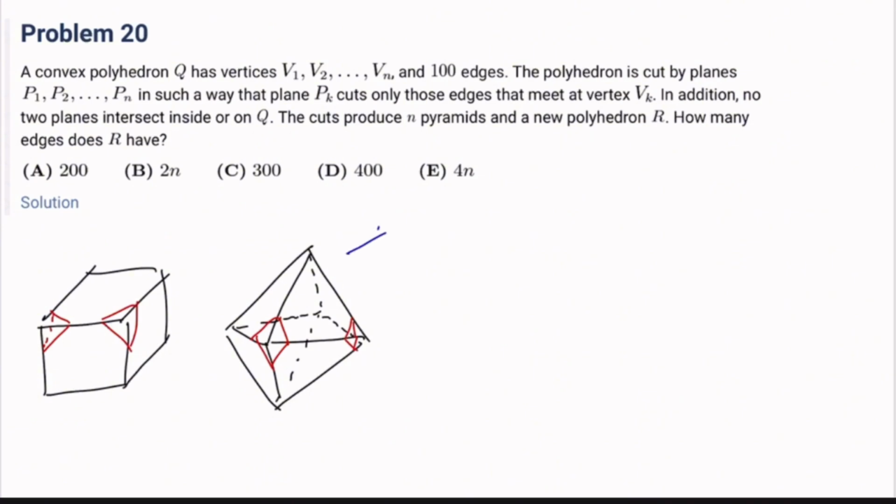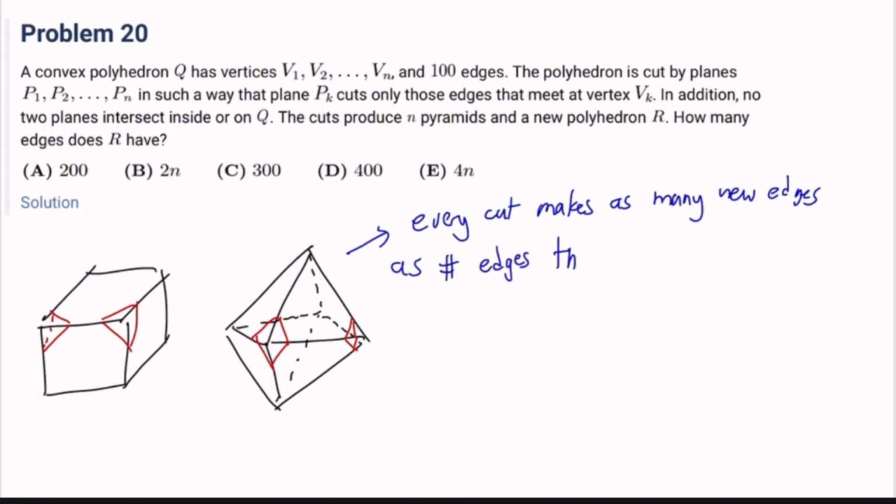So here we notice that every cut makes as many new edges as the number of edges that met on that vertex, because for this one we have 3 lines meeting on the vertex, and the cut made 3 more edges. And same thing for here, we had 4 edges meet here, and the cut made 4 more edges.